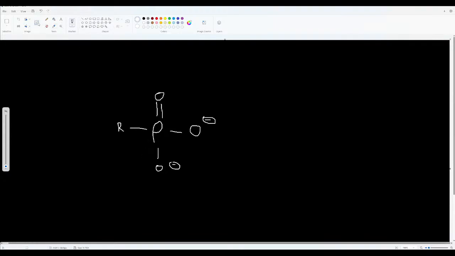This is the phosphate group. The phosphate group is so important because you see it everywhere. You see it in DNA, you see it in ATP, you see it in phospholipids, you see it everywhere because phosphate is so important.